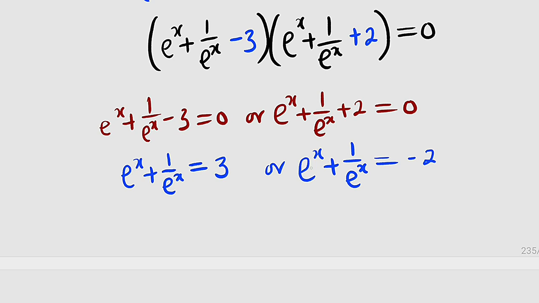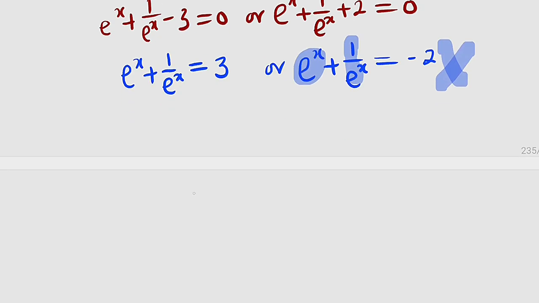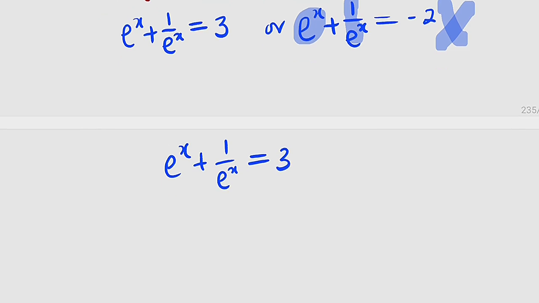And you should know that e^x + 1/e^x is forever positive. Therefore, we are going to discard this solution. Therefore, we have e^x + 1/e^x equal to 3 as our solution. So now let us find the value of x.